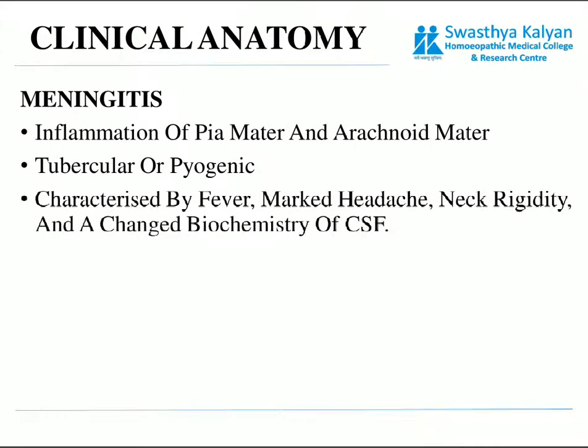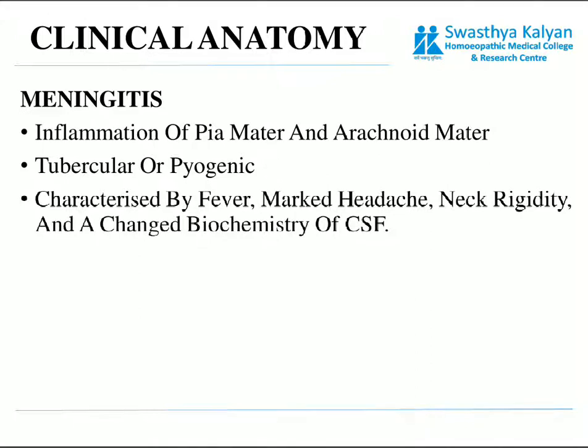A very common condition, because we are talking about meninges, is meningitis: swelling and inflammation of the meninges, especially the pia mater and the arachnoid mater. It is either bacterial, that is pyogenic, or secondary to tubercular infection due to tuberculosis.